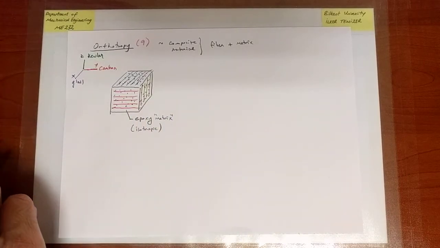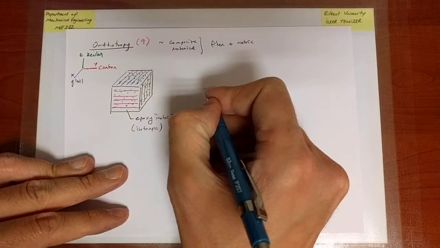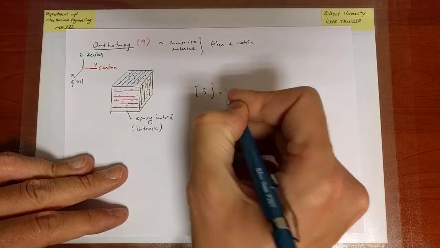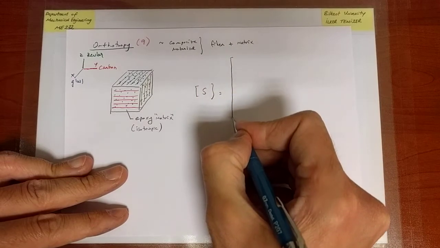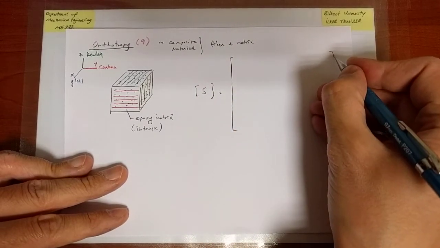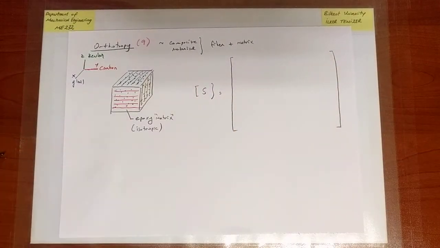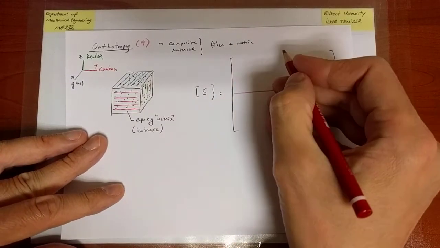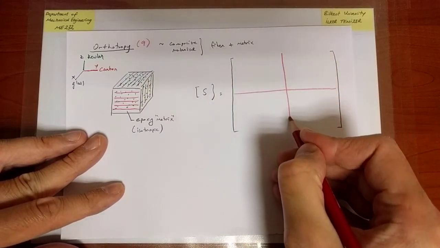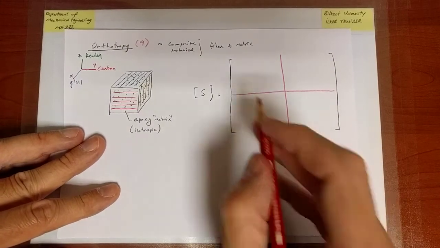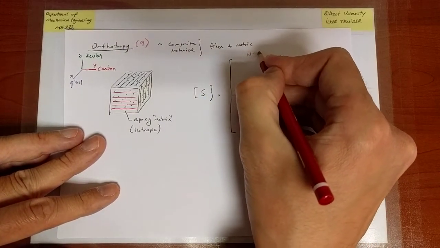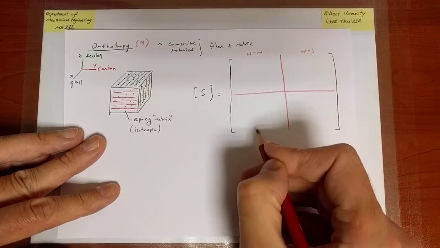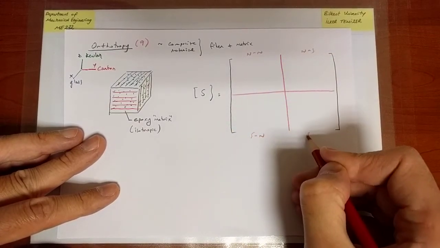So that elastic behavior is characterized through the compliance matrix. And that compliance matrix is going to have, as usual, normal and shear, as well as normal-shear and shear-normal coupling parts. So here we have NN, here NS, here SN, and here SS.